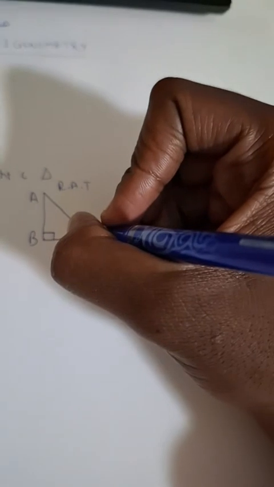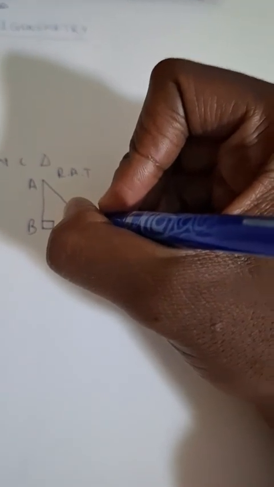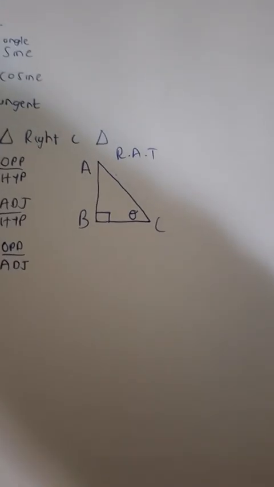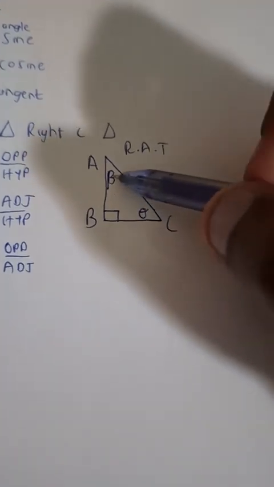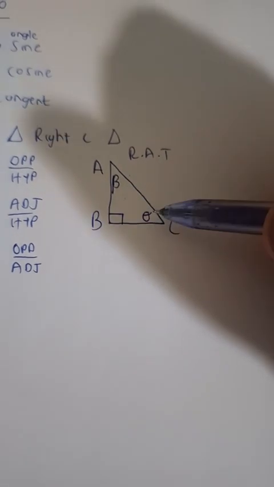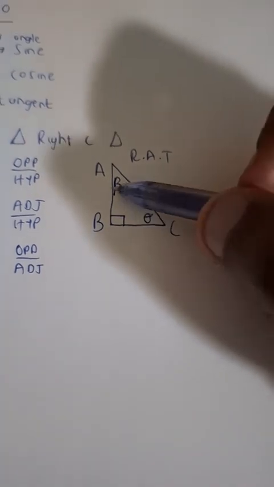We are going to insert theta to represent the angle C, and then another Greek letter for this other angle, which we are going to refer to as beta. So we have theta and we have beta.